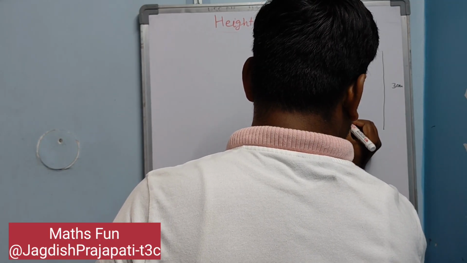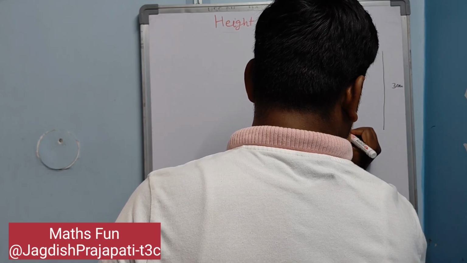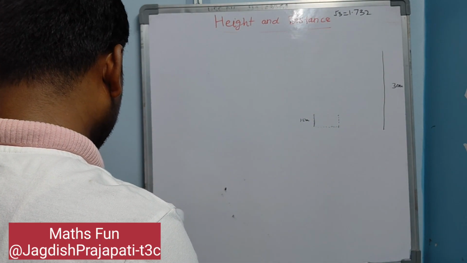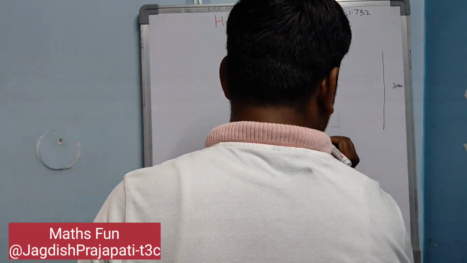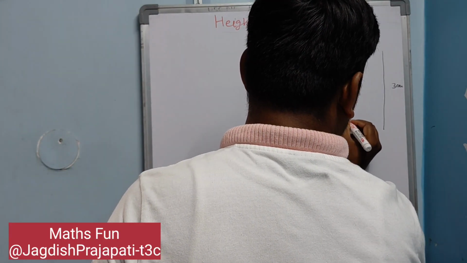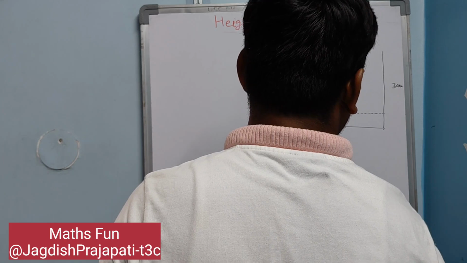So at some time he will be here. And the angle of elevation is from his eyes, so you should draw a parallel line to the ground.